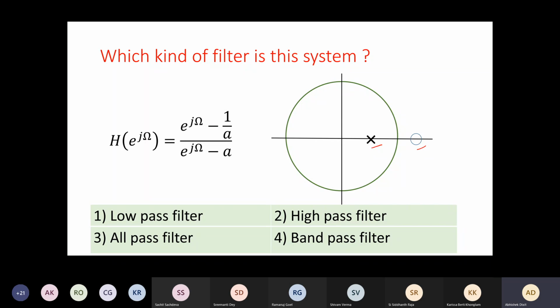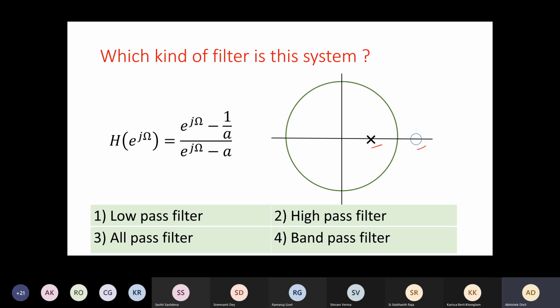Isn't this interesting that by selecting our poles and zeros and their locations, we can design different kinds of filters? Just randomly play around with different positions of poles and zeros, and you arrive at different kinds of filters. It's an interesting thing. The answer is it's an all pass filter. I will leave the geometrical interpretation to you because I want to introduce different flavors.